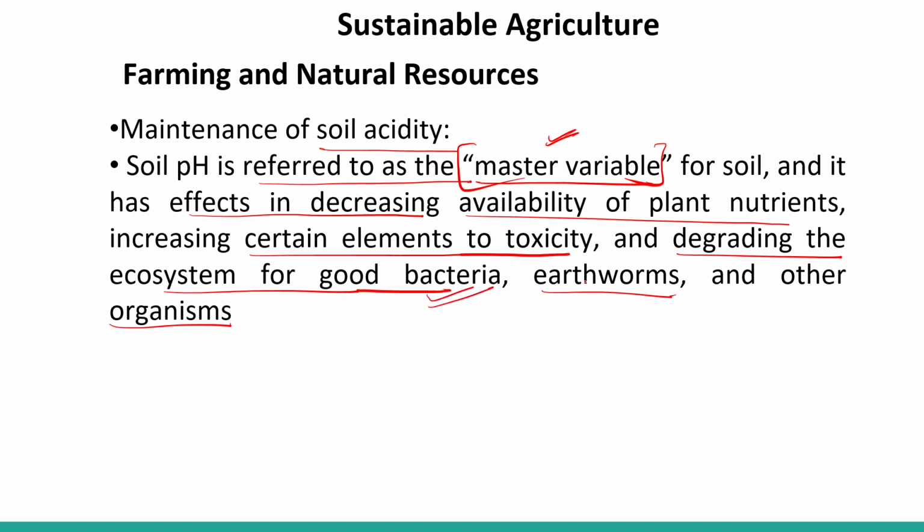So these organisms are so important for increasing the fertility of the soil. But if the pH is high, and toxic elements are there, then all the good bacteria will die, all the earthworms will die, and the fertility of the soil decreases, and there will be less production of crop in that particular soil.